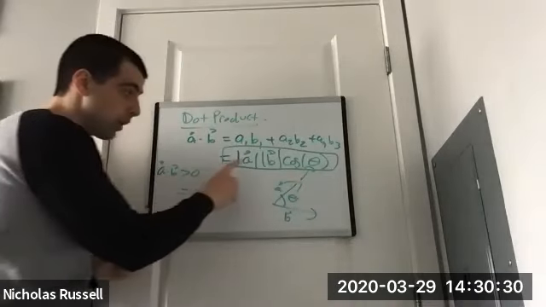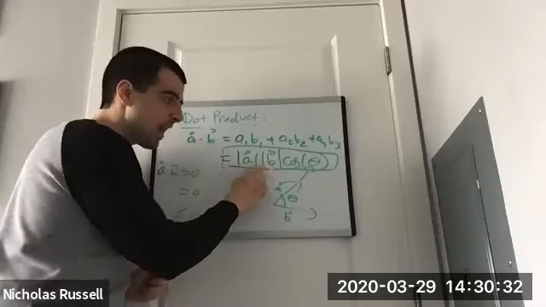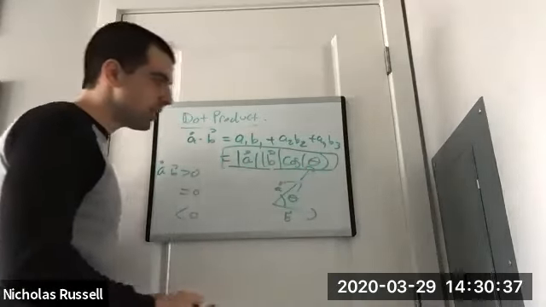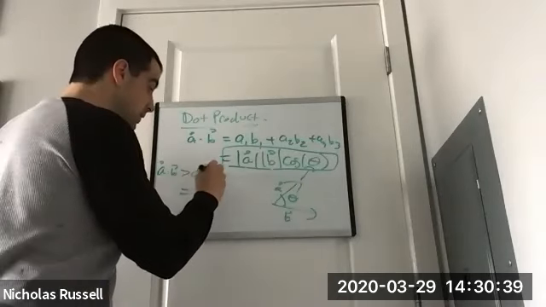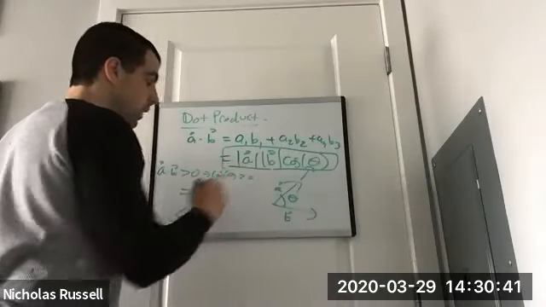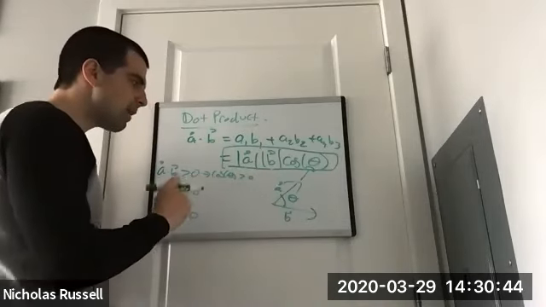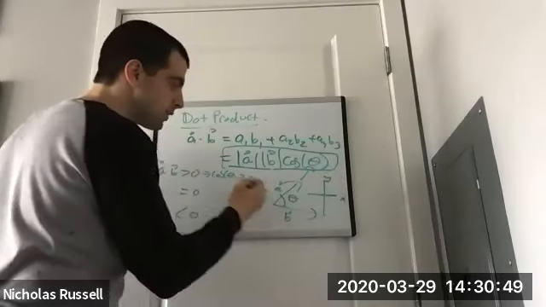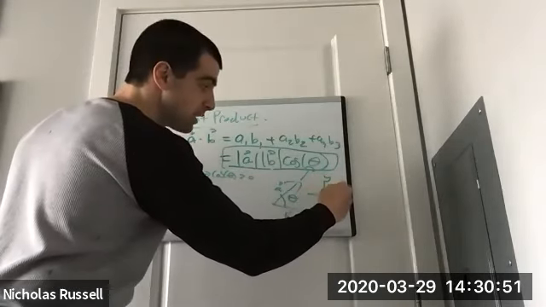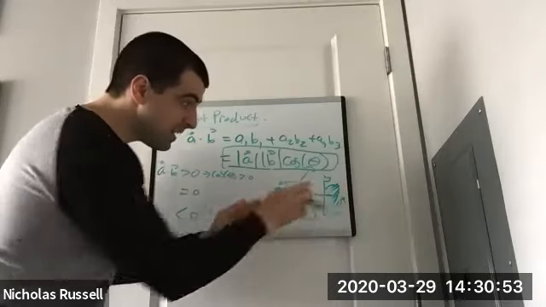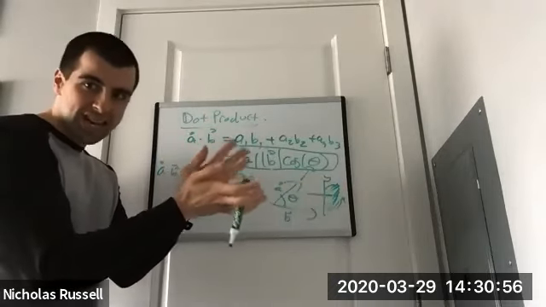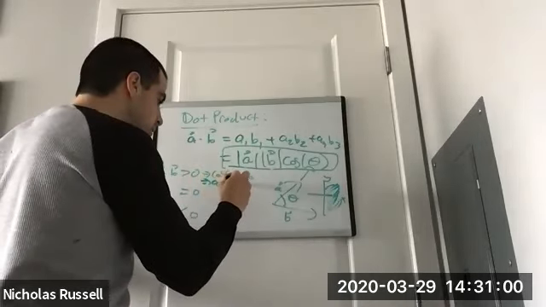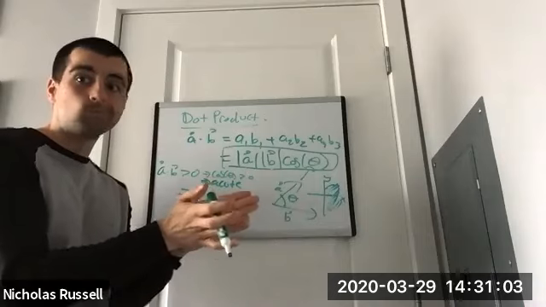If this is greater than 0, I know that the magnitude of A and the magnitude of B are greater than 0, so cosine of theta has to be greater than 0. As a reminder, where cosine of theta is greater than 0 is where x is positive, so I've got to be between 0 and a 90-degree angle. That means my angle is acute. A and B make an acute angle.